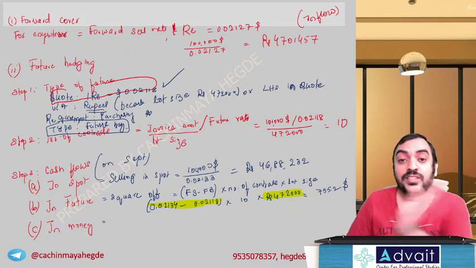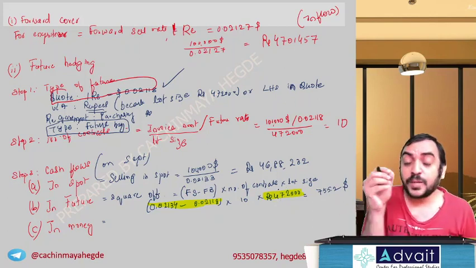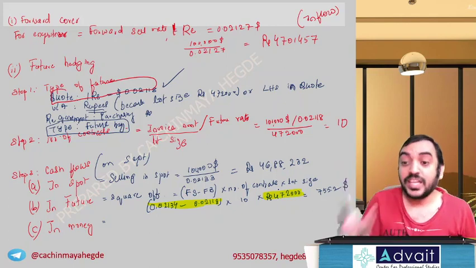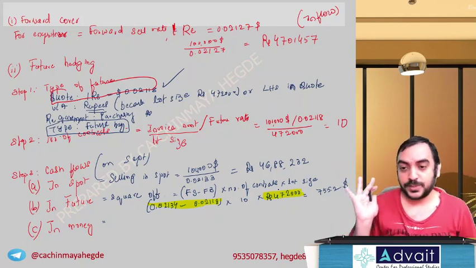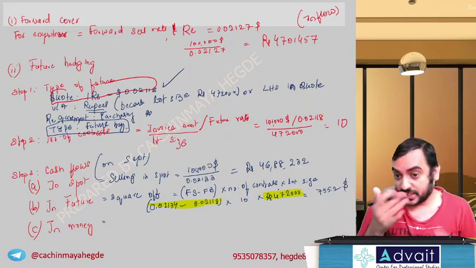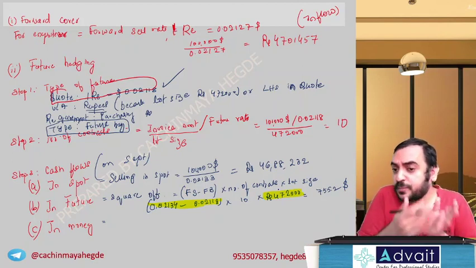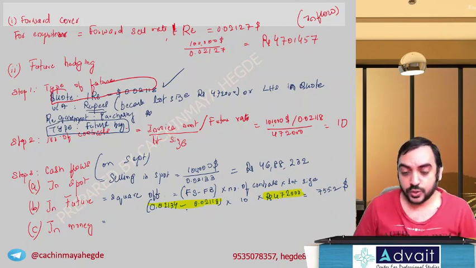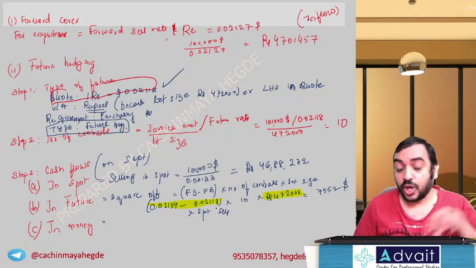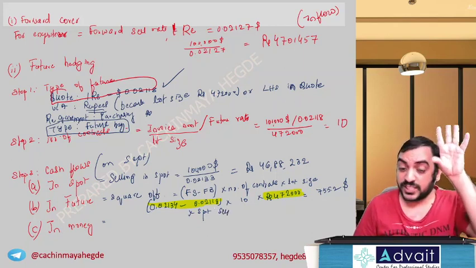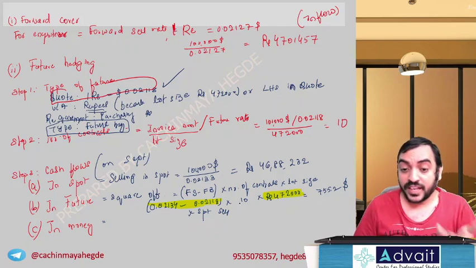Is it buy rate or sell rate? This is the profit, so you have to sell it. If it is a loss, you would have purchased. Since it's a profit, you receive so much and can sell it off. Sell rate. So multiply by spot sell rate, and the spot sell rate is not on June 1st, it's on September 1st, on expiry. Only then you know this amount. And the spot rate you know, 0.02133.